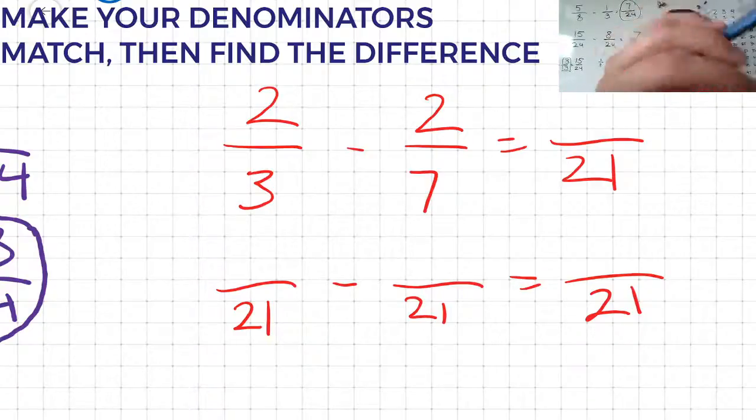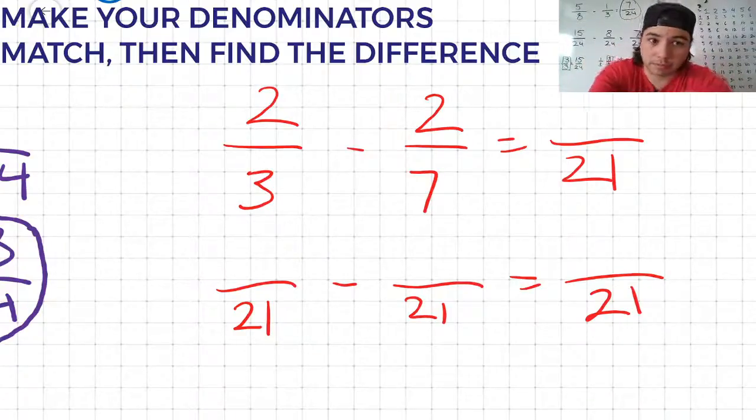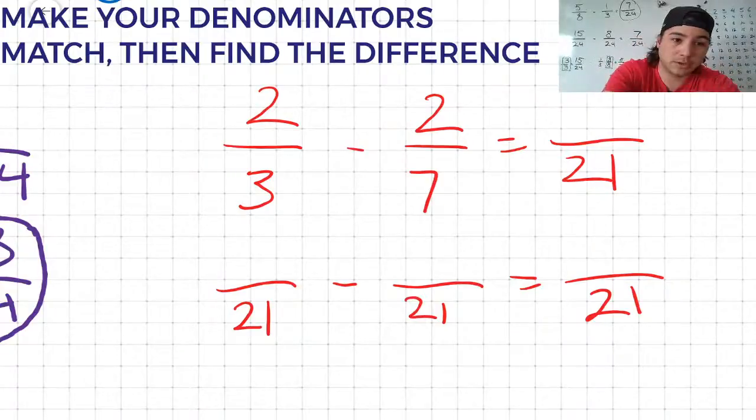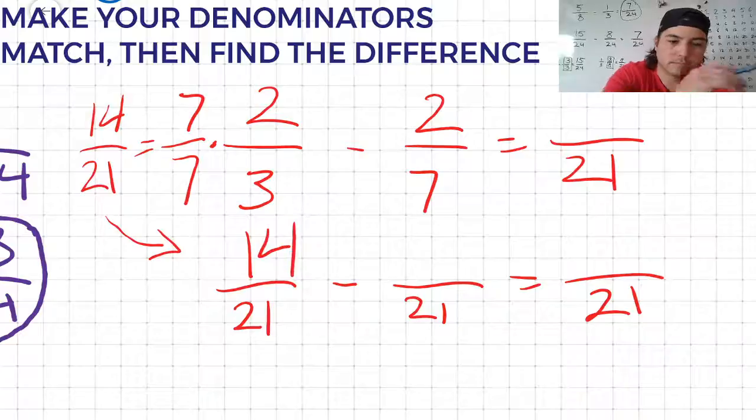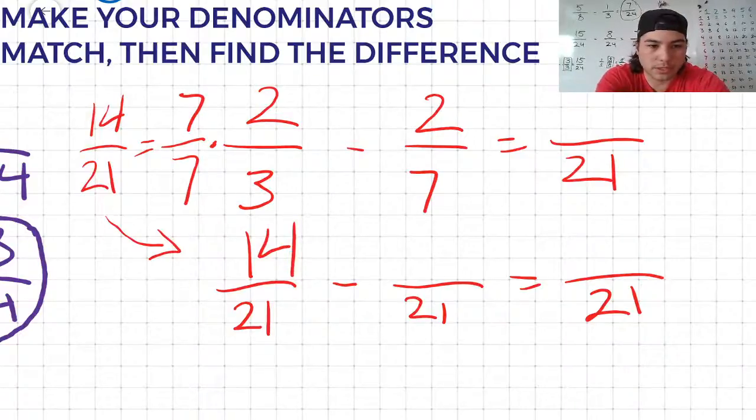Okay? I'm going to try something different here, but it's still the same math. So I'm going to do my equivalence of 1 up here. I'm going to use 7/7 because I know that 7 times 3 equals 21. And 2 times 7 equals 14.